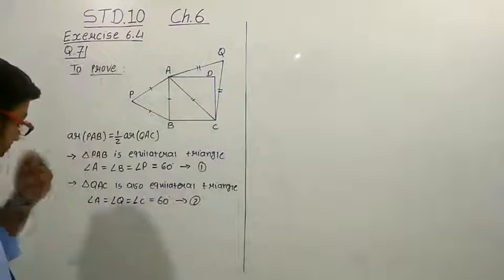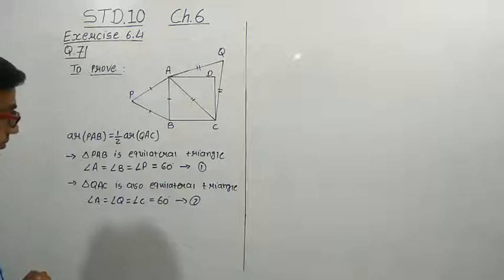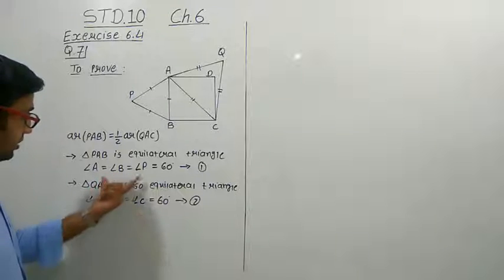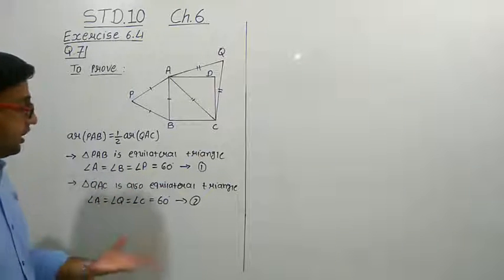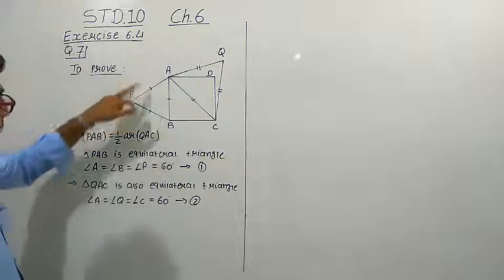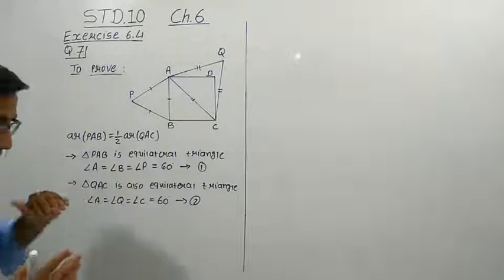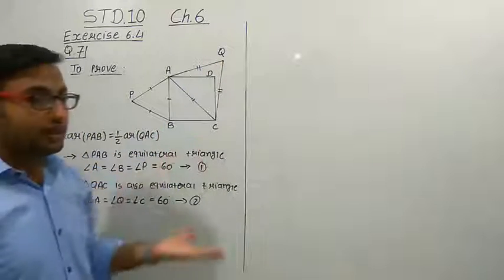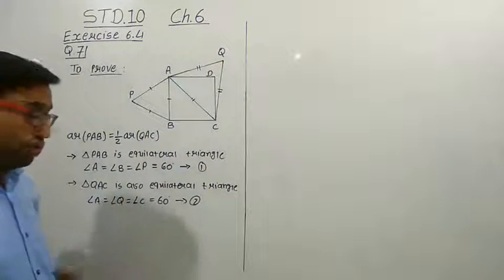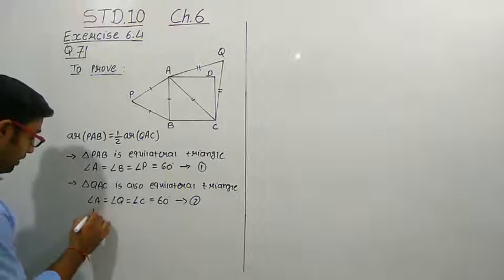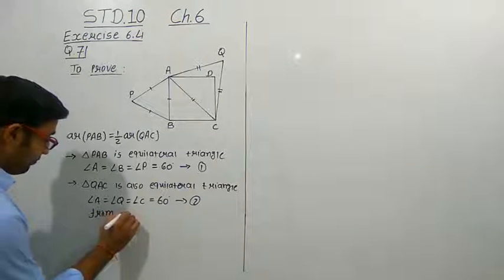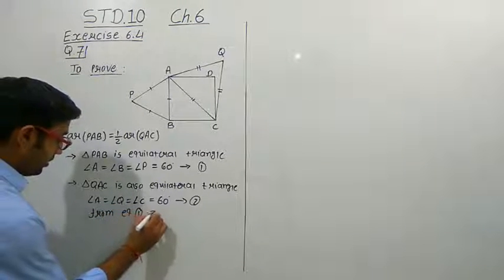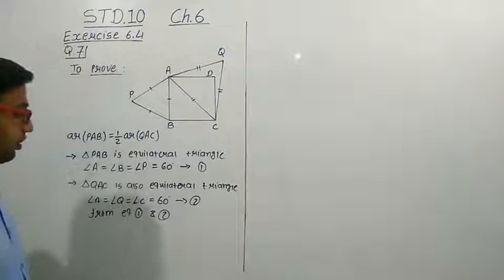Now see, in these two triangles all the three angles are equal. So here we can say that triangle PAB has all angles 60 degrees, and triangle QAC has all angles also 60 degrees. So from equation number 1 and 2, what can we say?